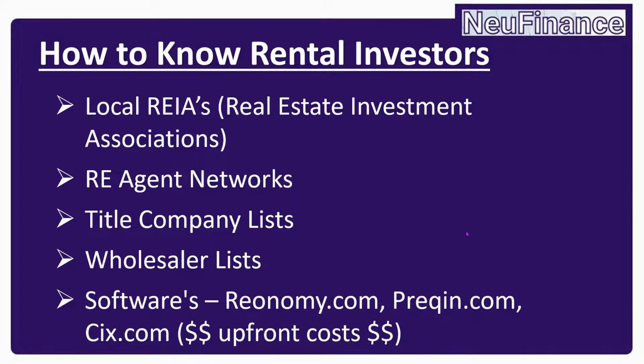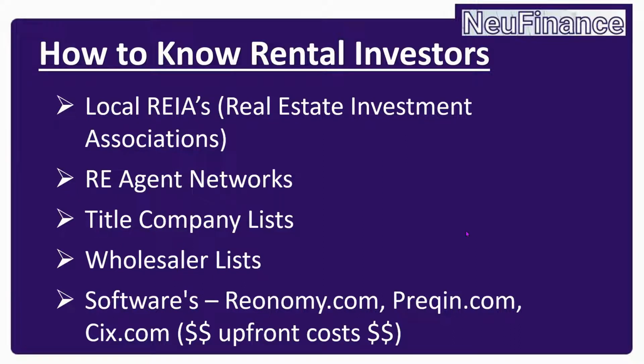And then finally, if you're doing your perm loan bucket, there are softwares out there such as Reonomy.com. It's a website called Preqin, as well as Cix.com. These are just websites. They're like networking websites for real estate investors. Reonomy isn't as much a networking website, but it is a database of real estate investors who are looking to do long-term loans as well as some maybe short-term stuff.